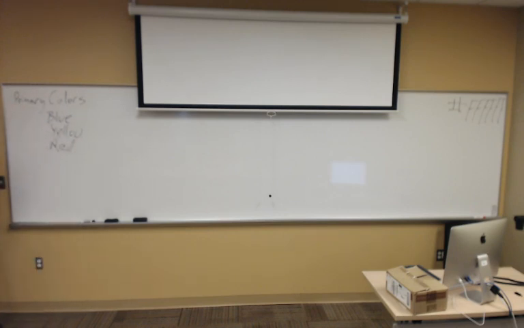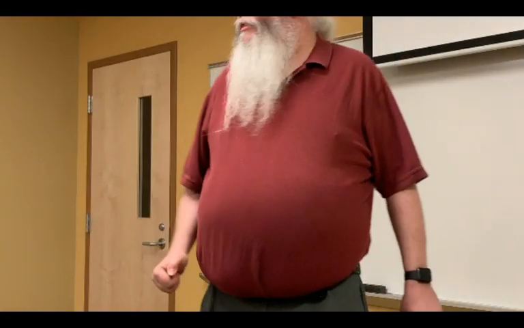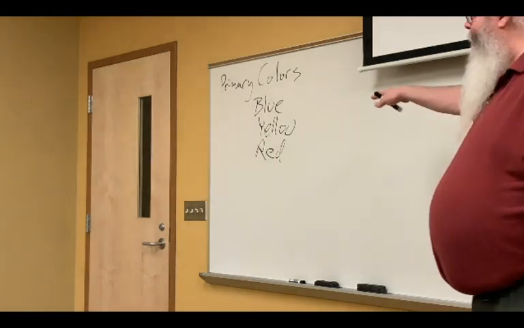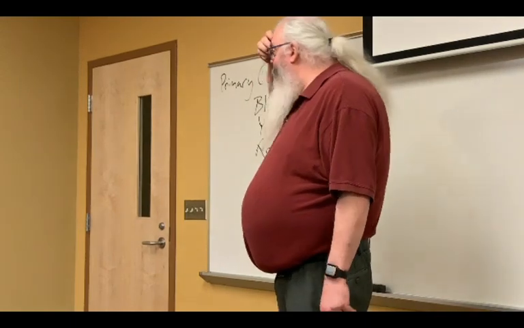Okay. And why do we call these primary colors? Because you can't mix any colors to make them. Oh, okay. So we have a definition that these 3 colors, you can't mix any other colors to get these colors. So you have to actually have these colors in place.